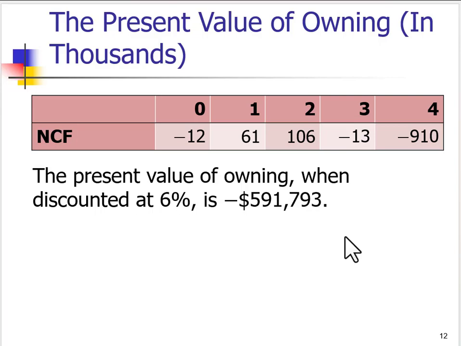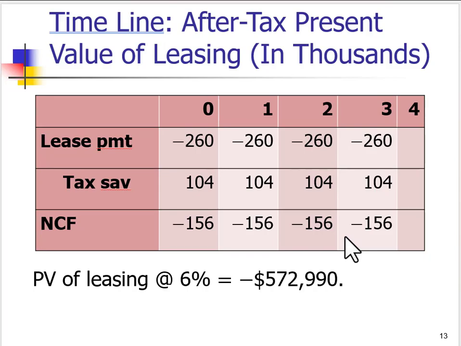So now what about the lease? We pay $260 a year on the lease. Of course, that's an expense, so we have a tax savings. So here is the cash flow stream for a lease of this particular asset. So at 6%, the present value of leasing is negative 572.